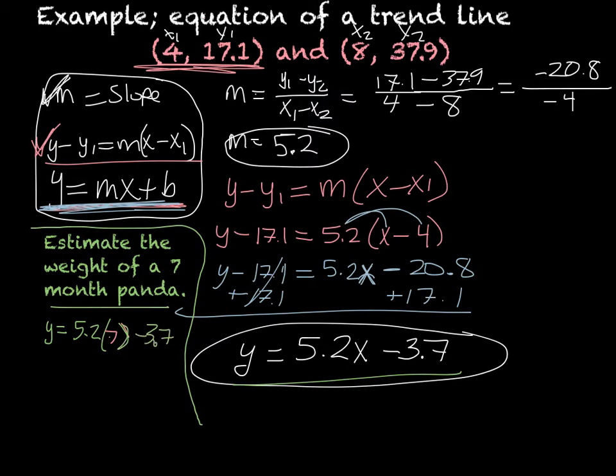And then we just plug it into the calculator, and y would be equal to about 32.7 pounds. So that is our final answer. We would guess that the weight of a 7-month panda would be about 32.7 pounds.